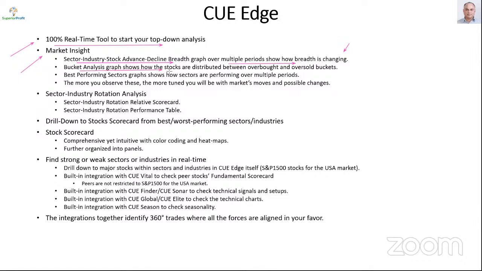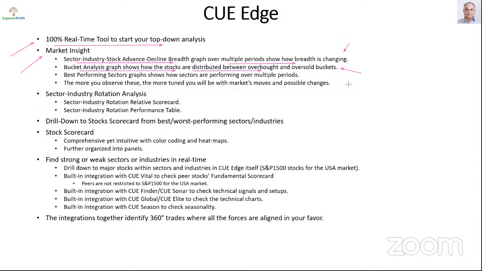The market level insight also includes the bucket analysis graph that shows how stocks are distributed between overbought and oversold buckets. So for any country, any market, let's say for the USA market, Q Edge uses S&P 1500 stocks.